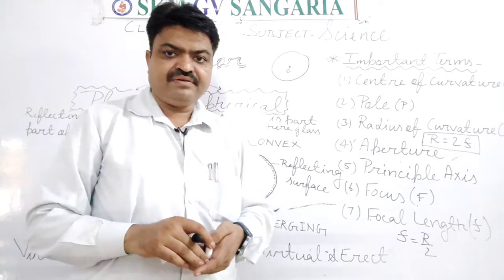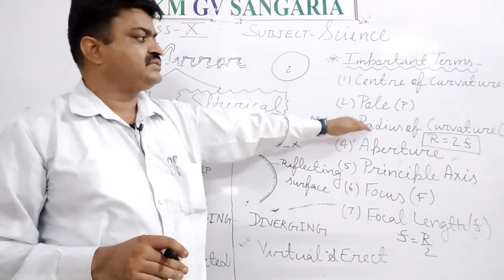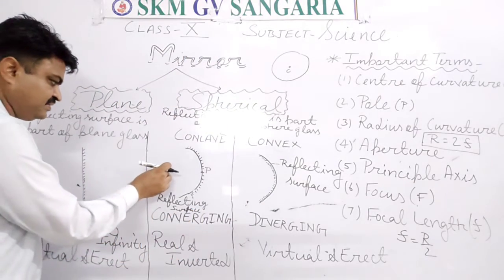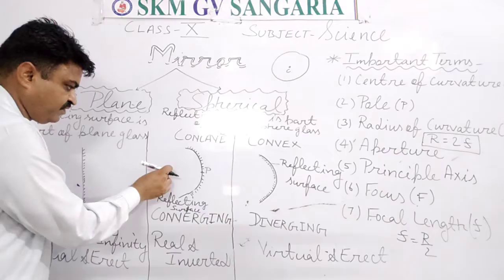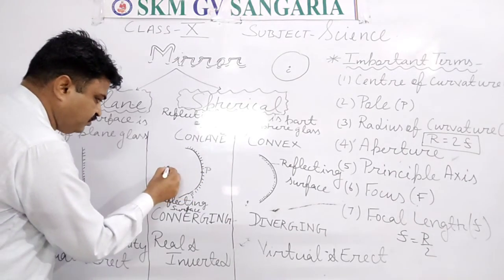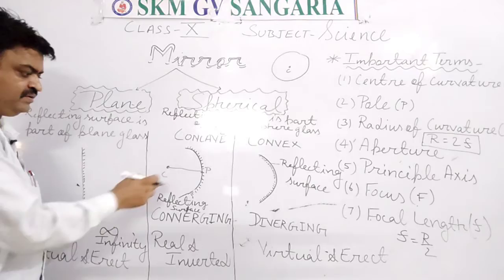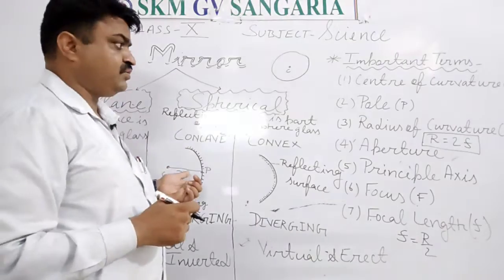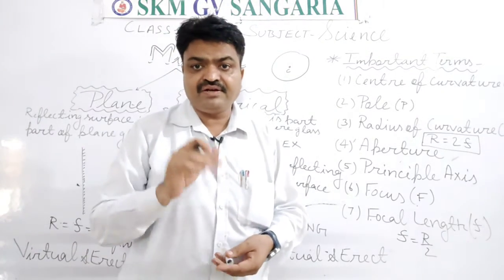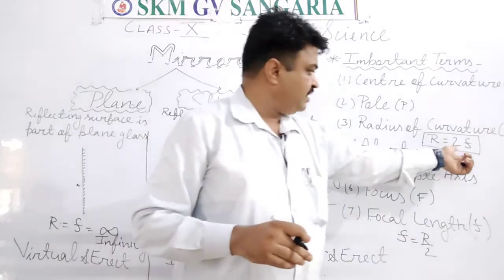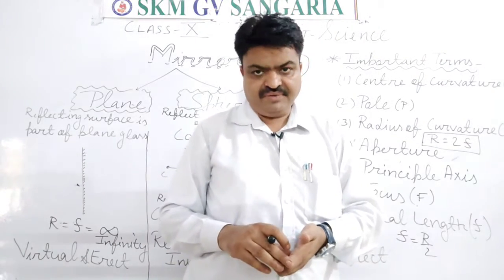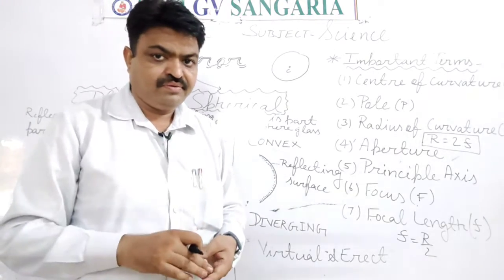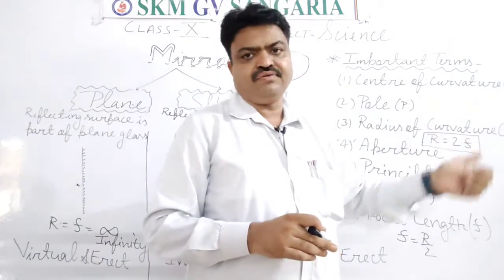Now we come to the next term, the radius of curvature. The distance between the center of curvature and the pole is known as the radius of curvature. The radius of curvature is always equal to double the focal length, meaning if we multiply the focal length by 2, we get the radius of curvature.